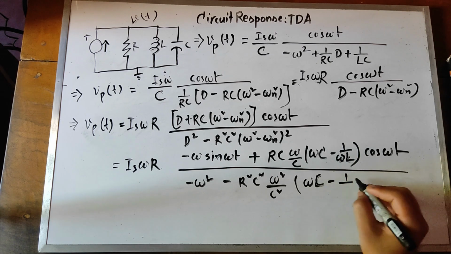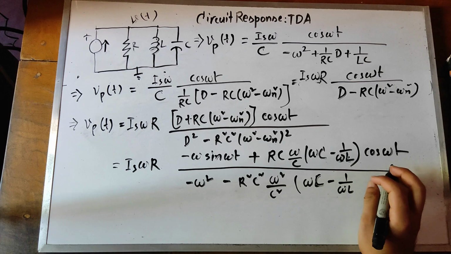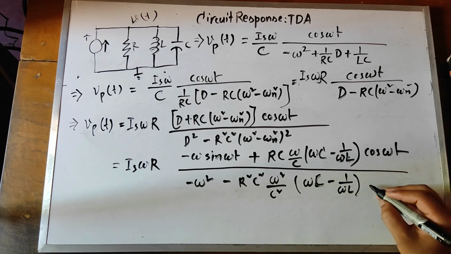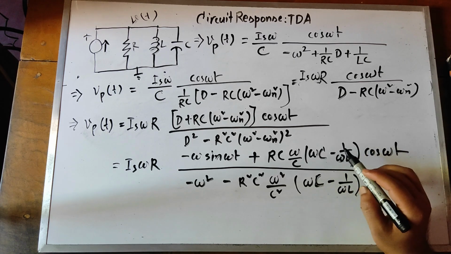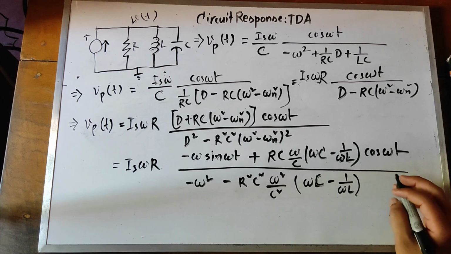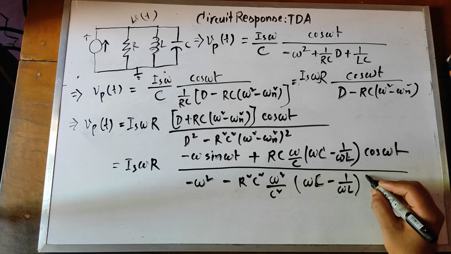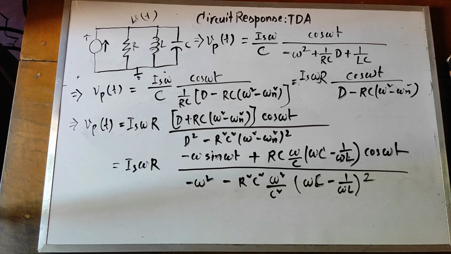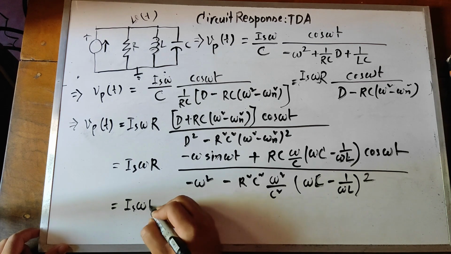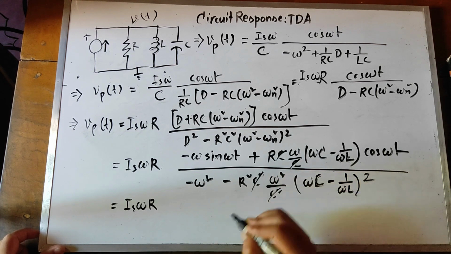Okay, so you have to keep in mind for the parallel RLC circuit, the reactance part will change. So here this is not reactance, this is susceptance. You have to bear in mind that. So this is square whole squared. Now I_s omega R, so this cuts out.